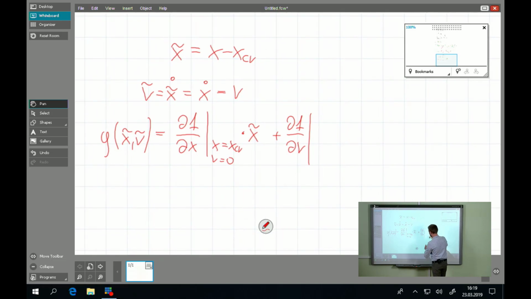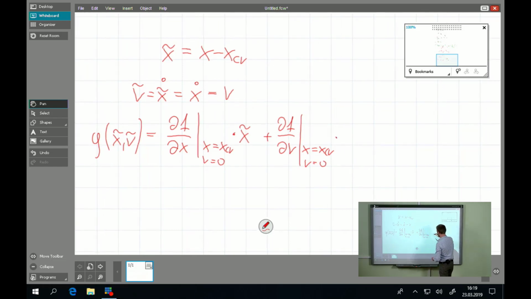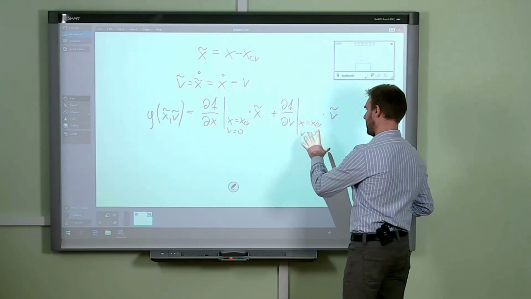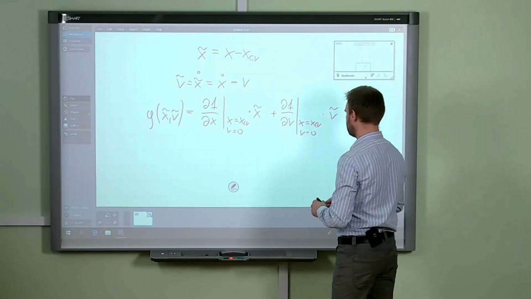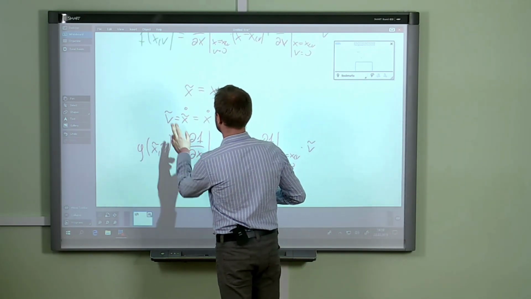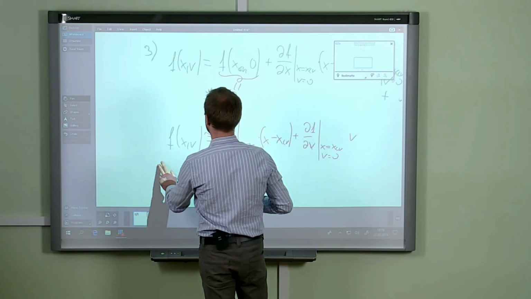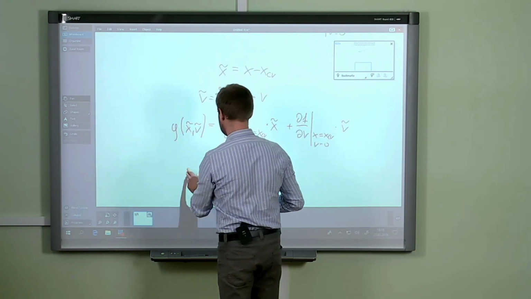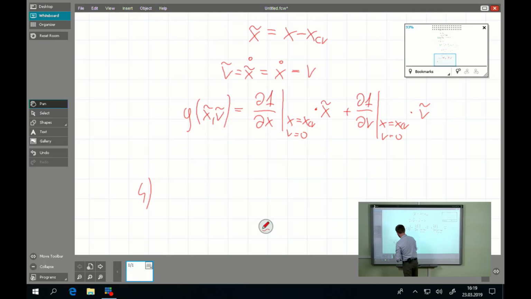Again, we have to take the old function f at x equals x critical, v equals 0, but we now use our new variable v tilde. Okay, and that equation will give us the phase plane image. And in the last step, we can write down the simplified equation.